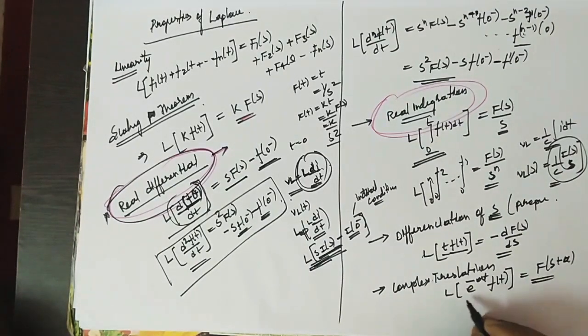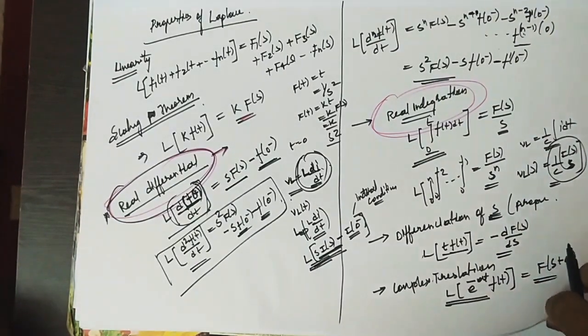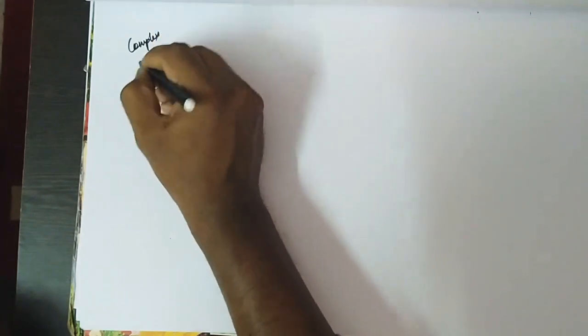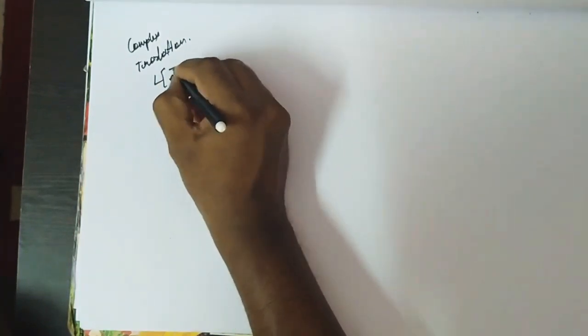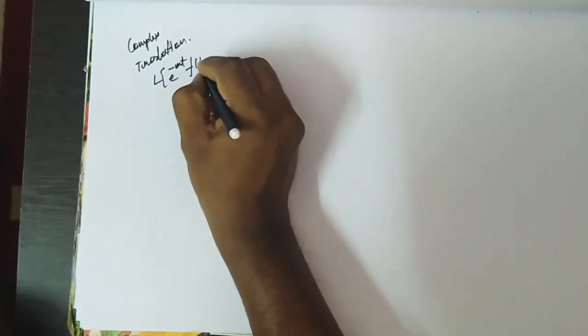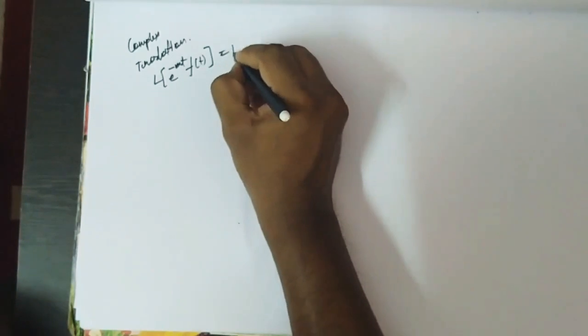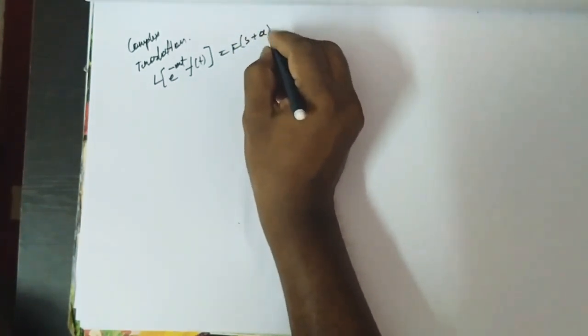I'll explain this now. Complex translation: Laplace of e power minus at f of t equals F of s plus a.